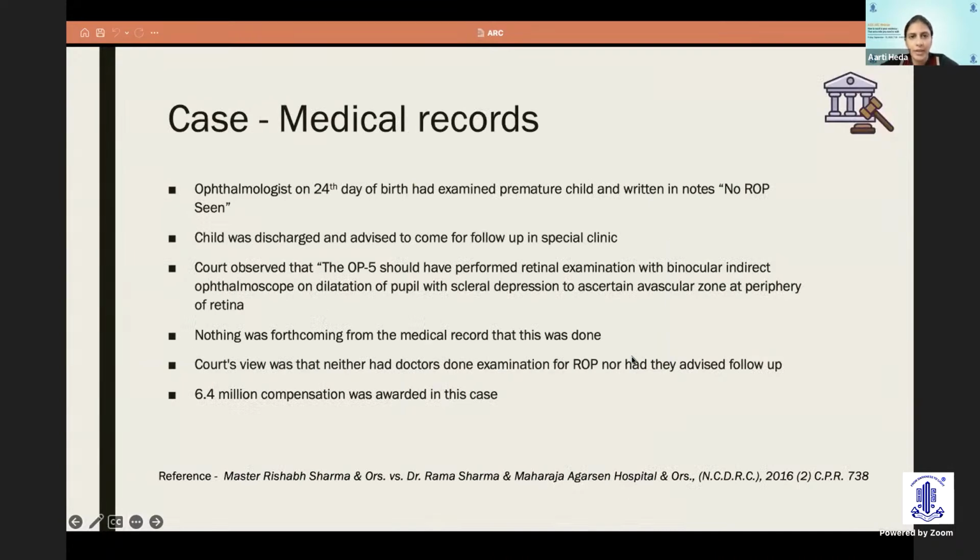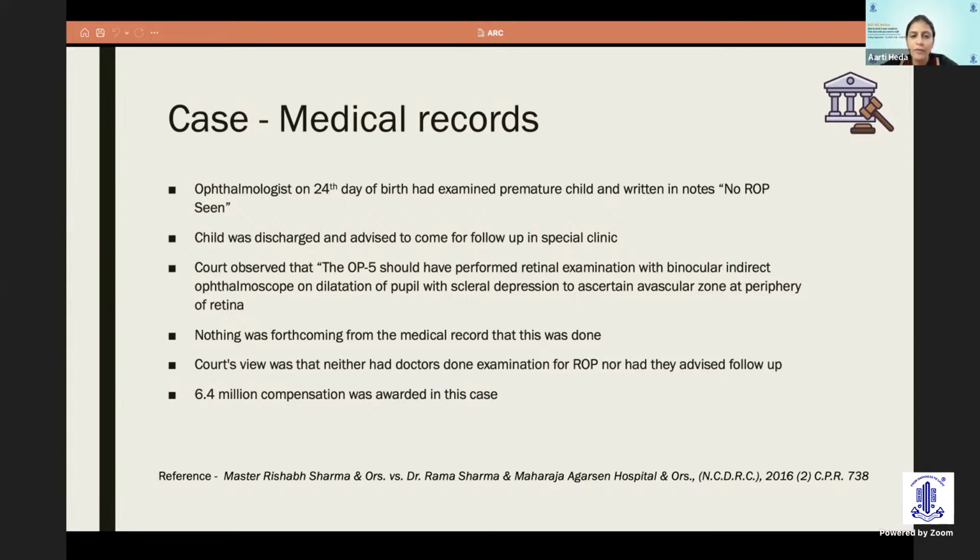So let's begin with a case. This ophthalmologist, on the 24th day of birth, had examined a premature child and written in the notes, no ROP seen. The child was discharged and advised to come for follow-up in a special clinic. The court observed that the OP should have performed retinal examination with binocular indirect ophthalmoscope on dilatation of the pupil with scleral depression to ascertain the avascular zone at the periphery of the retina.